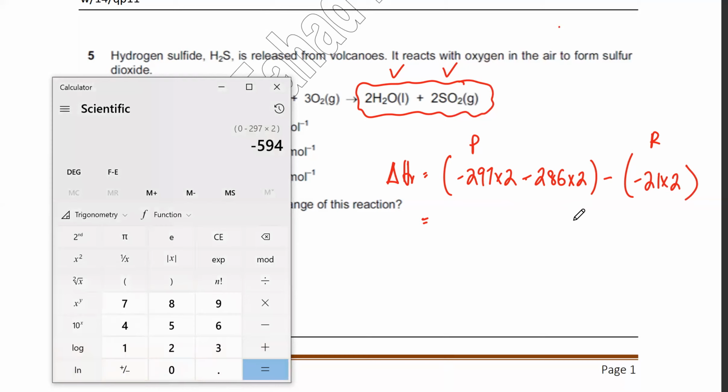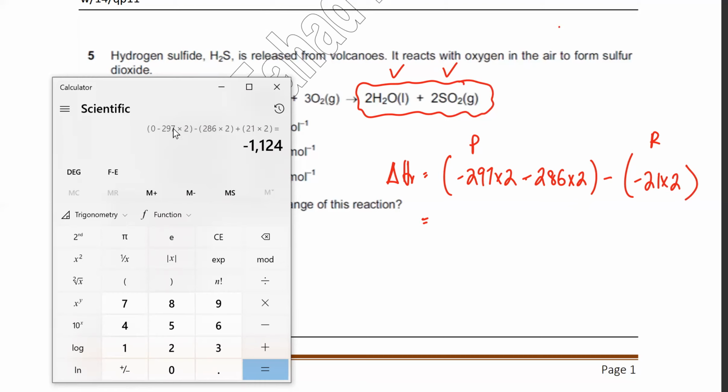Then minus 286 times 2. And then minus 21 into 2, so that would become plus 21 times 2. And I get B, minus 1124.